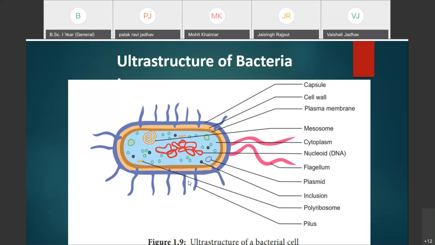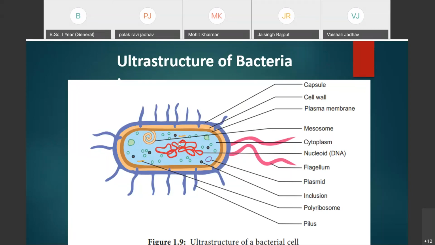Here in the photograph you can see the bacterial cell, a typical prokaryotic structure. Pro means primitive and karyon means the nucleus. Here you can see the genetic material is not well protected within a nucleus. That means there is a complete absence of a well developed nucleus.